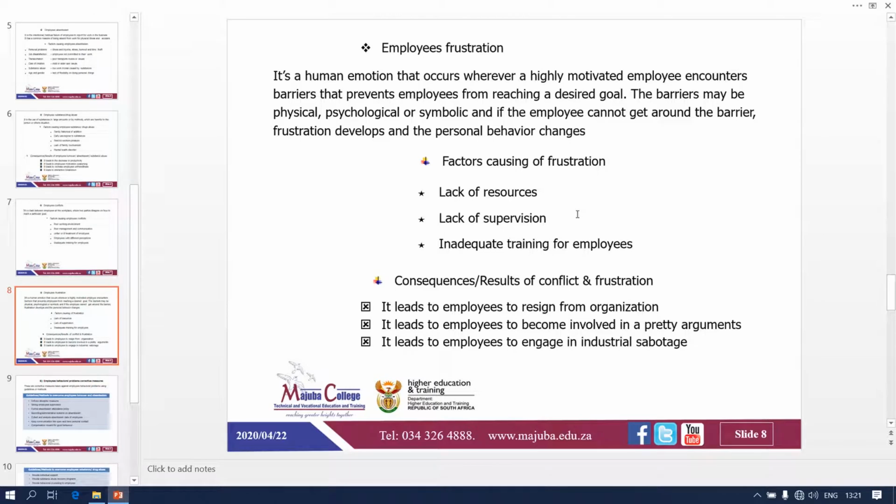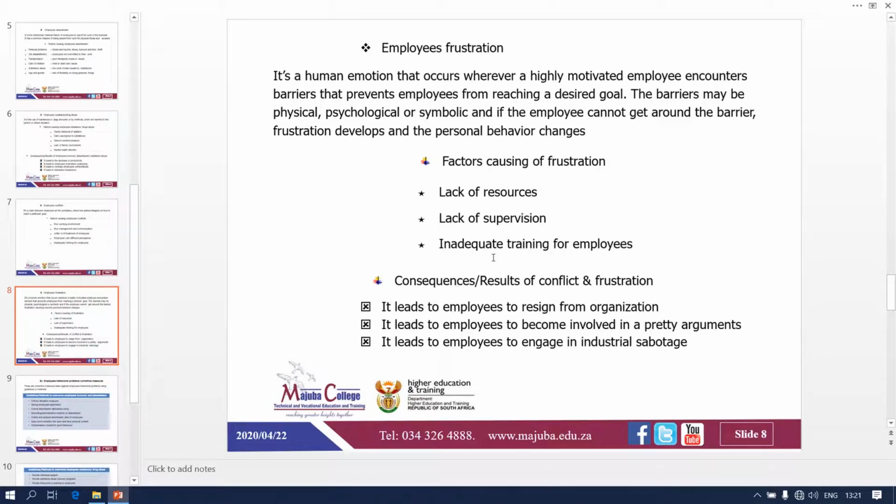You want me to do something, but I've got no supervisor next to me. Inadequate training for employees. So you want me to do something, but I'm not trained to drive a car to go and feed the animals. I don't have a driving license. I was not even trained to drive a tractor.